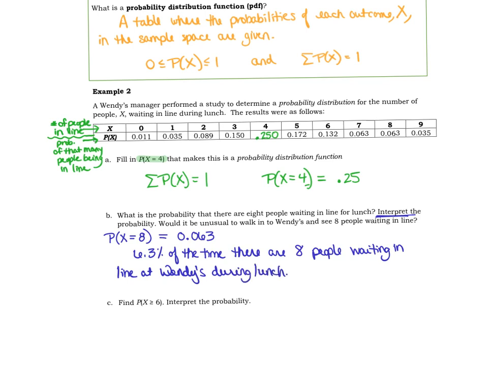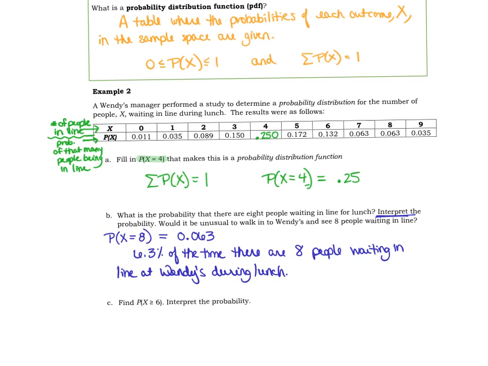Then there's a follow-up question to that. Notice it says, would it be unusual to walk into Wendy's and see 8 people waiting in line? Now, if you go back a couple of pages in our notes, we talked about some definitions of unusual. We have the one about standard deviation, the one about interquartile range, and we added a new one in chapter 4 that said less than 5% of the time means unusual.